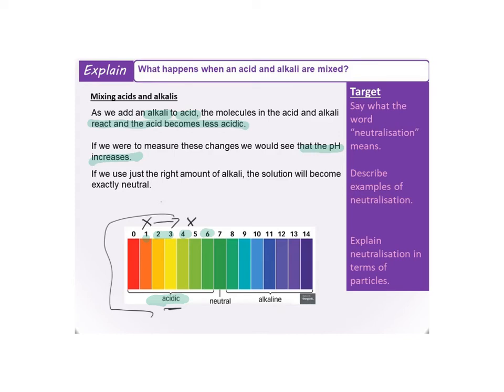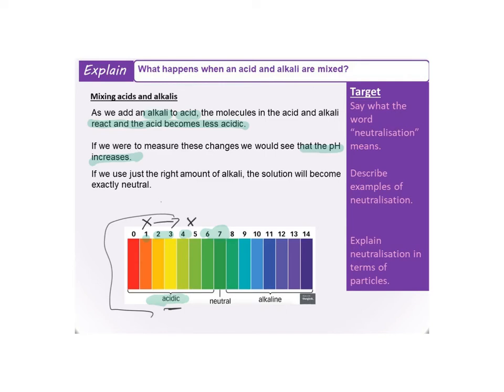If we use just the right amount of alkali, the solution will eventually become exactly neutral, because you will have ensured that every single H+ ion in the acid has reacted with the exact same amount of alkali, your OH- ion or hydroxide ion. So they would each react with each other, and there won't be any H+ left in your solution, and there won't be any hydroxide or OH- left in the solution.